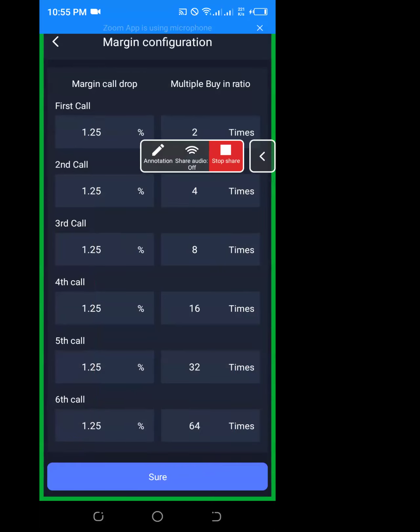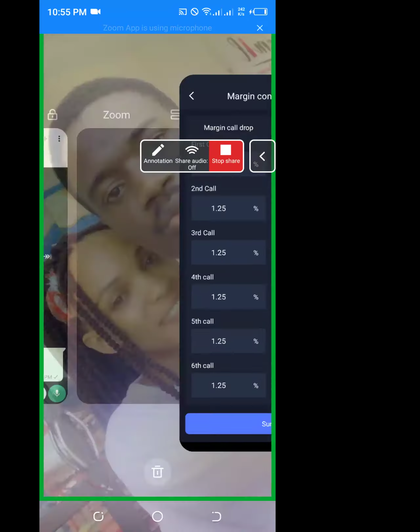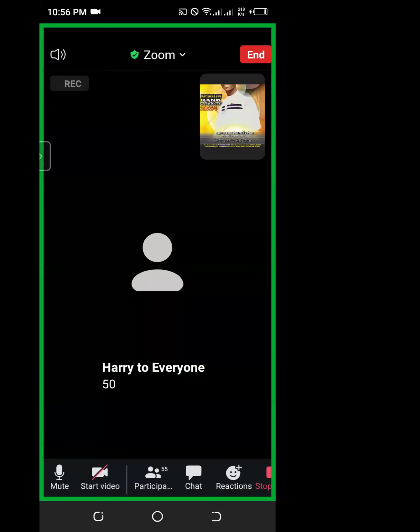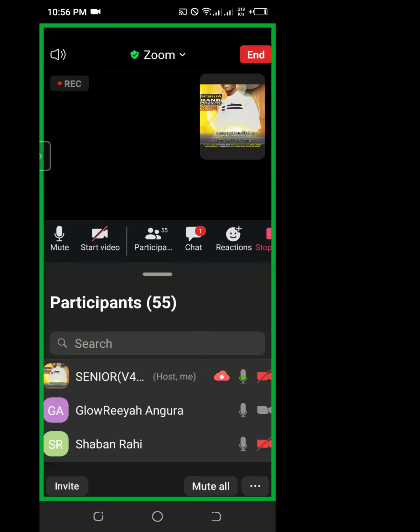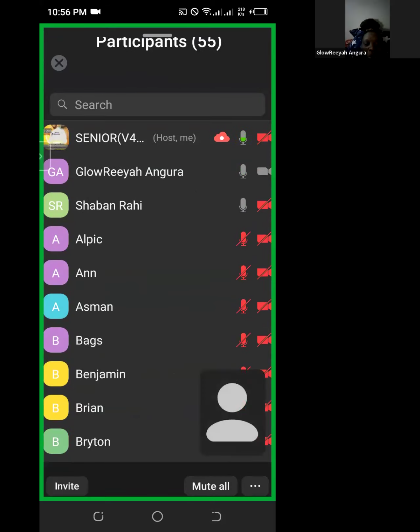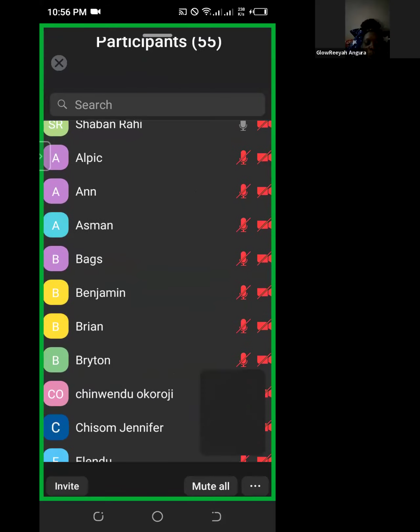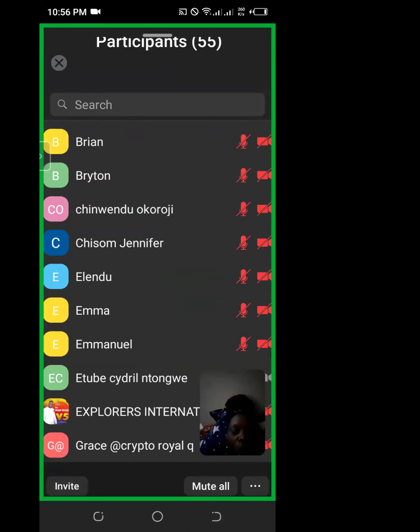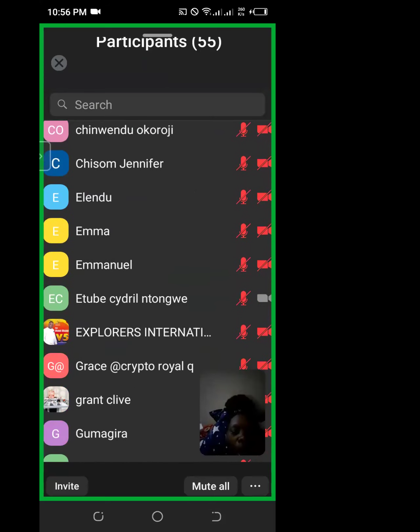Have you understood, guys, how I calculate the margin call drop? Who has not understood? I repeat. Kansime, Hassani, have you understood? Guys, have you understood? Shaban, Arpik, Ann, Asman, Bugs, Yamin, Brian, Brighton, Okoroji, Jennifer.